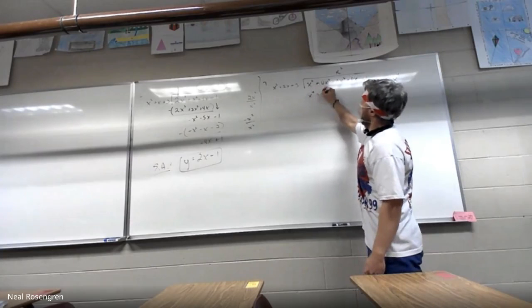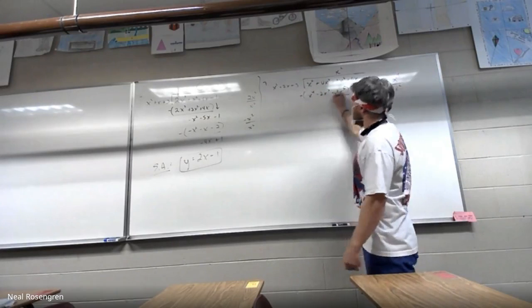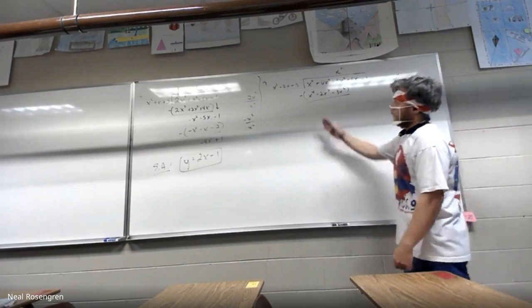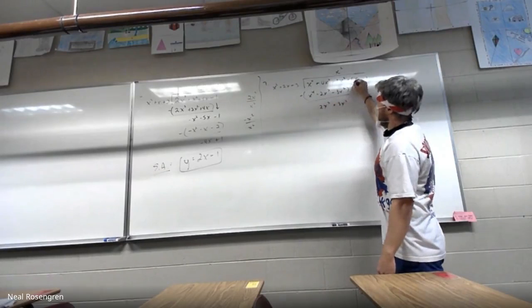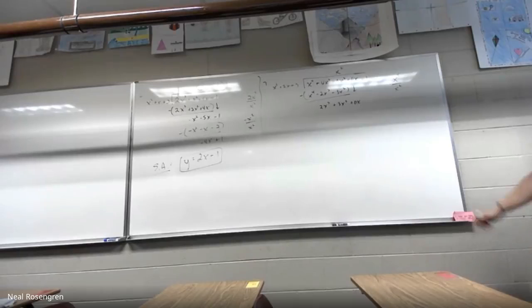x to the fourth minus 2x cubed minus 3x squared. And now because we took the time to write all of those zero coefficient terms, now we've got something to subtract from. All right, 2x cubed plus 3x squared, bring it down, plus 0x. And do it again.